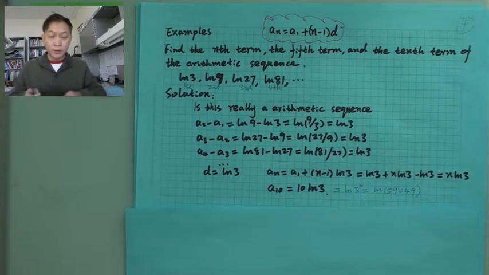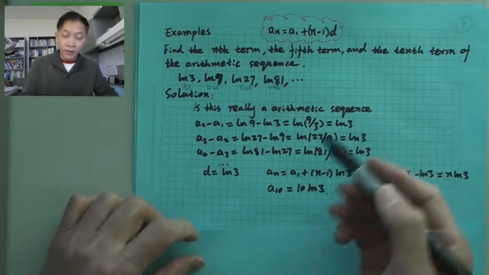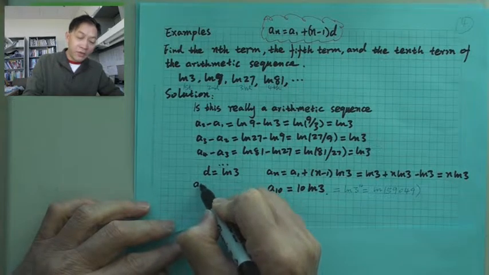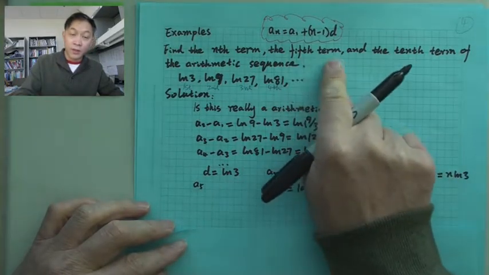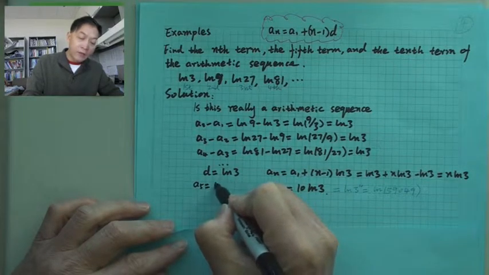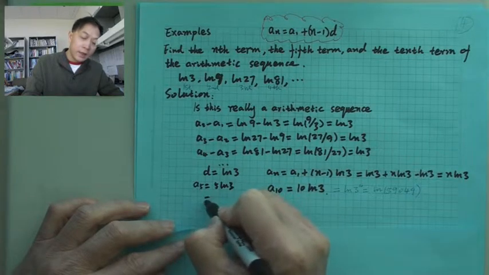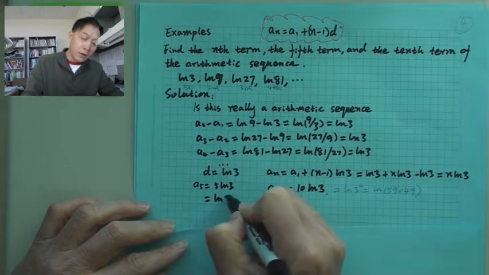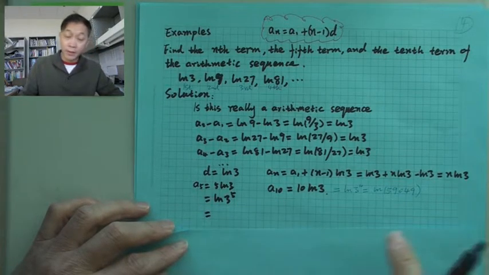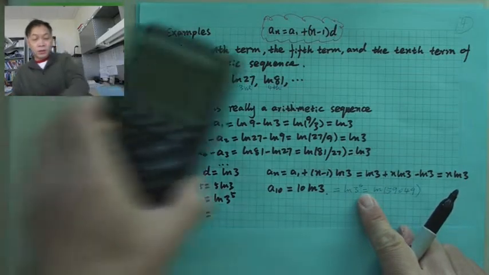I did that here for the 10th term. You may also find the 5th term. The 5th term down here is a sub 5, so we have 5 natural log 3. That equals natural log 3 to the 5th. Remember, you do it the same way.